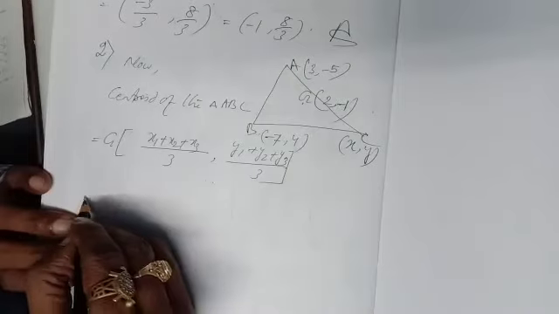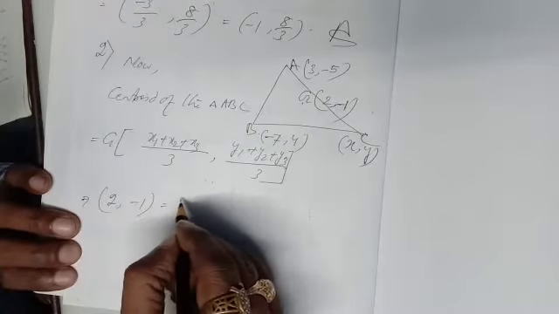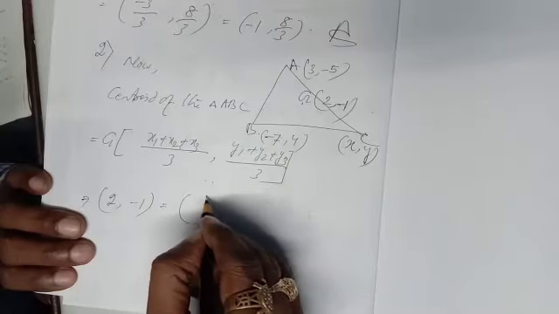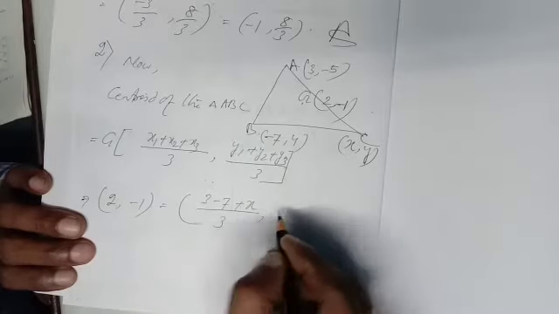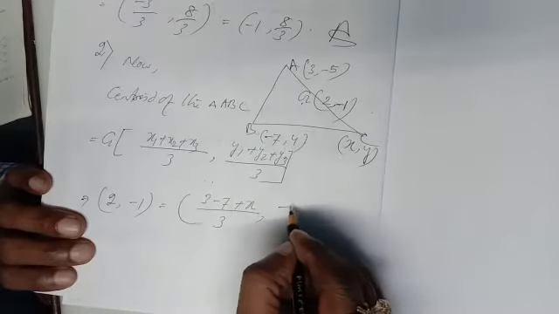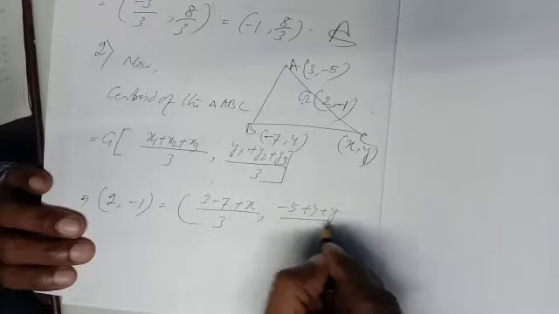Now G is given here as 2, -1, and on this side you put the values: x1 is 3, then -7 plus x by 3. Same process, -5 plus 4 plus y by 3.